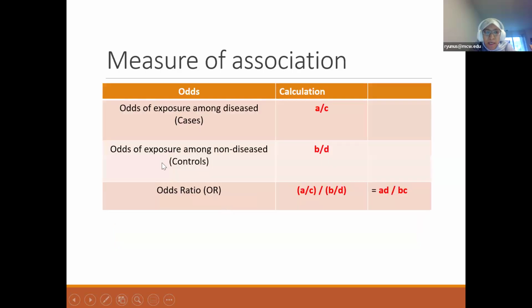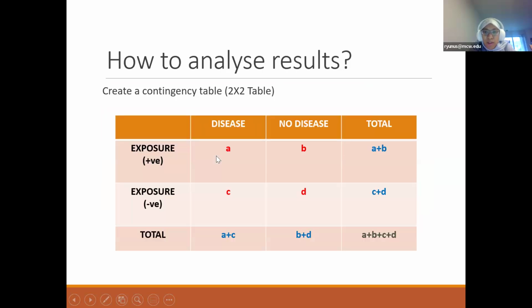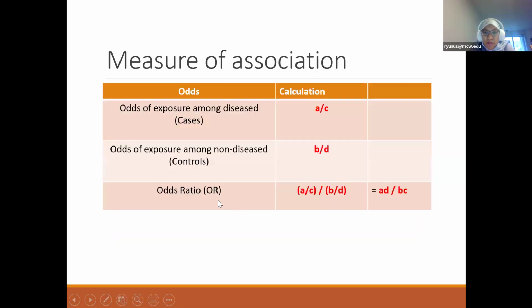And then second, you calculate the odds or the chance or the likelihood of exposure among non-disease, B over D here. That means those who are exposed but without the disease over those not exposed and without the disease. So eventually, the overall odds ratio is the first one divided by the second one, and this is the final value that you will get.